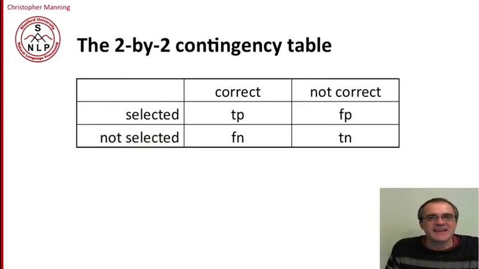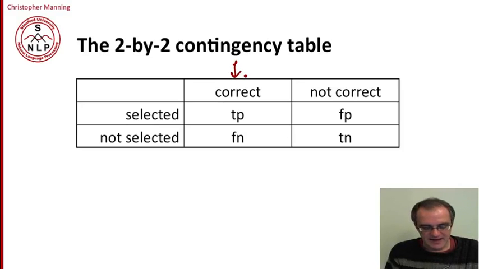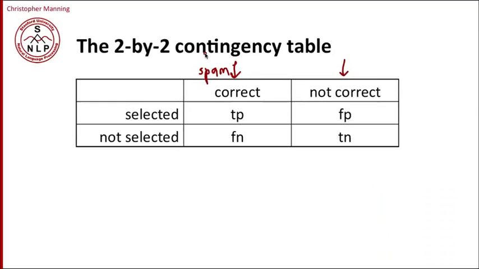The starting point for understanding these measures is the following 2x2 contingency table. For any particular piece of data that we're evaluating, there are essentially four states. On one axis, we're choosing whether this piece of data correctly belongs to a class or whether it doesn't. So, for example, if we're wanting to decide whether a piece of email is spam, it either is spam, which is the correct class, or it's not, which is the not correct class.